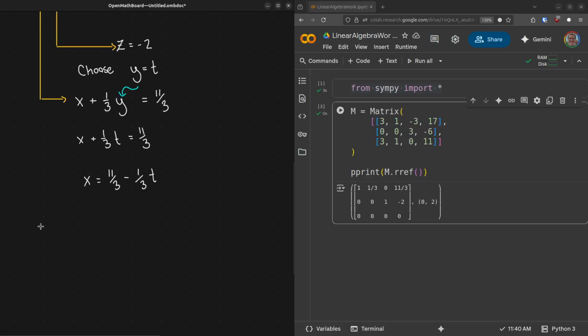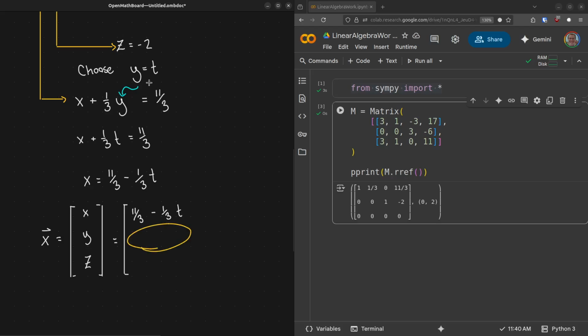And so my solution, vector x, my vector xyz, if I put all my pieces together, component x, that's 11/3 minus 1/3 t. For y, y is equal to t. And for z, z is equal to negative 2.